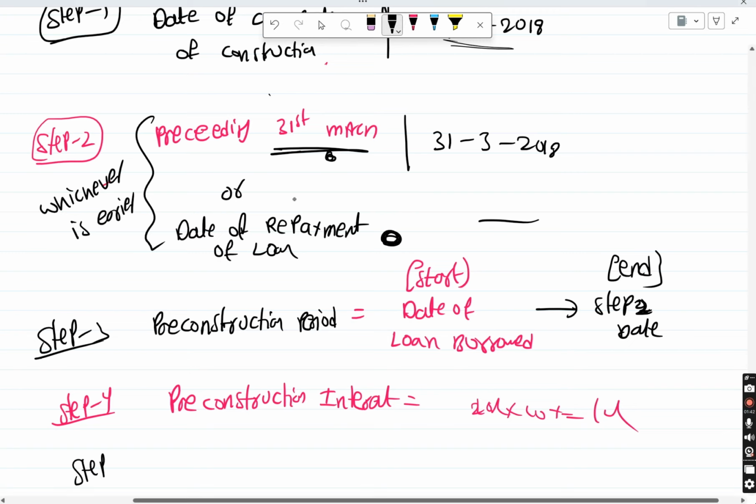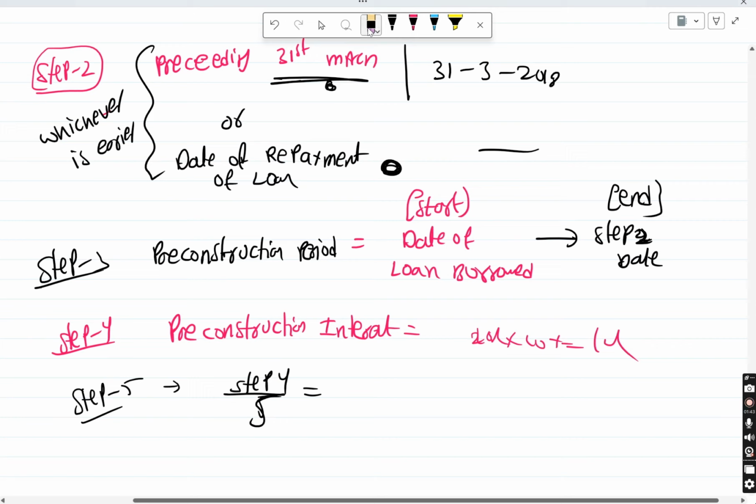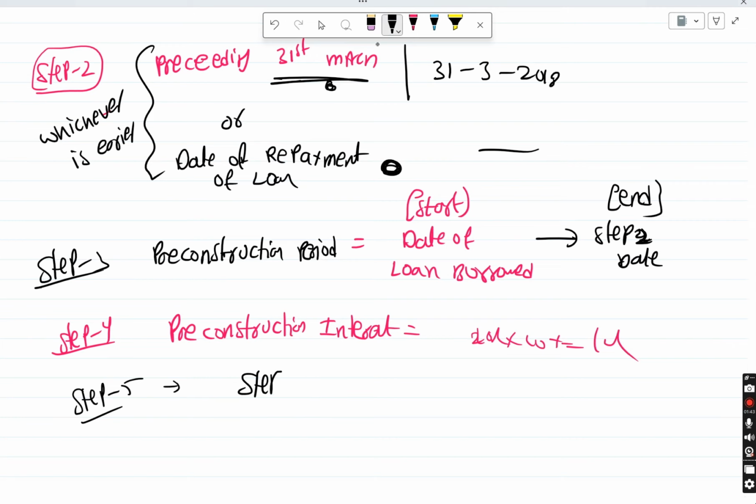Then step 5: step 4 divided by 5. See, like I told you, this 1 lakh you cannot claim at one shot. The entire pre-construction interest you cannot claim at one shot. You have to claim in 5 installments. So step 4 divided by 5, that is 1 lakh divided by 5.